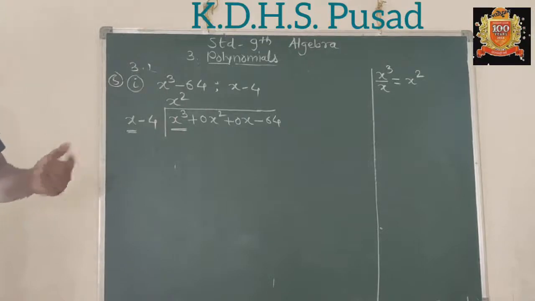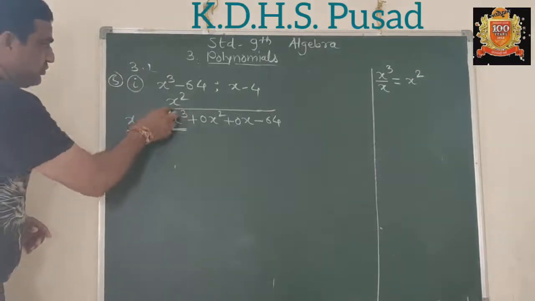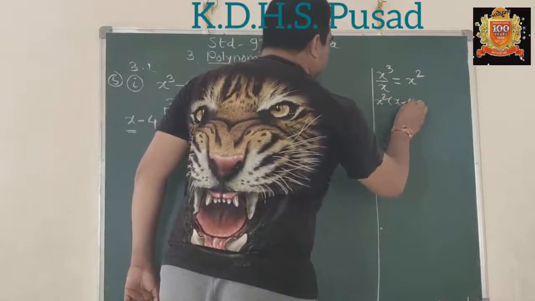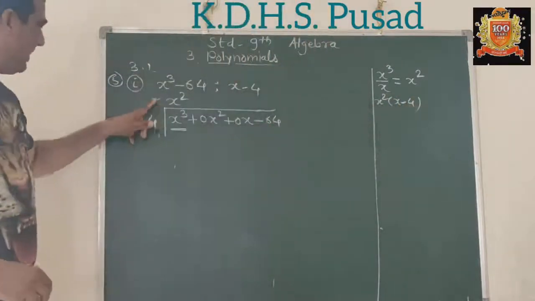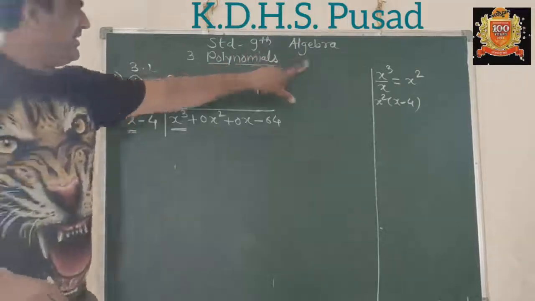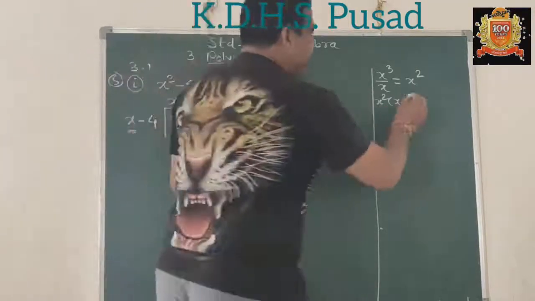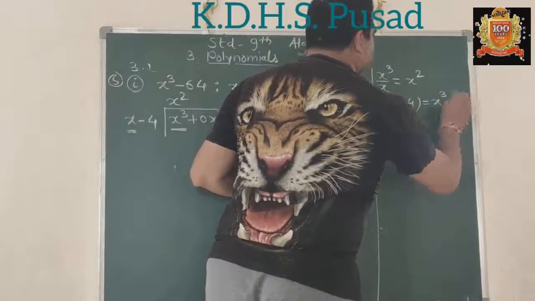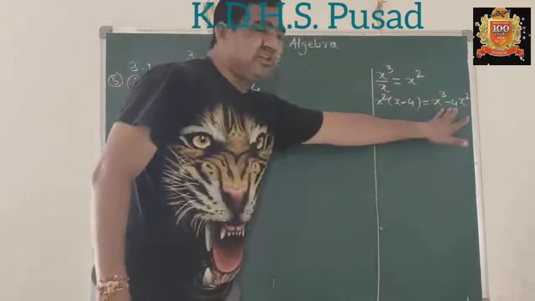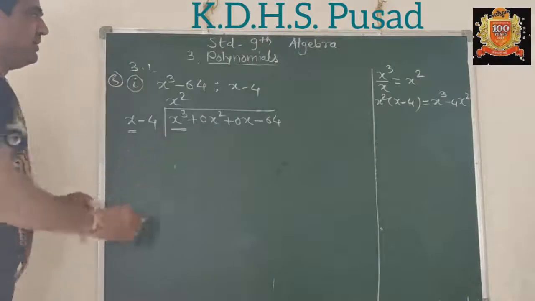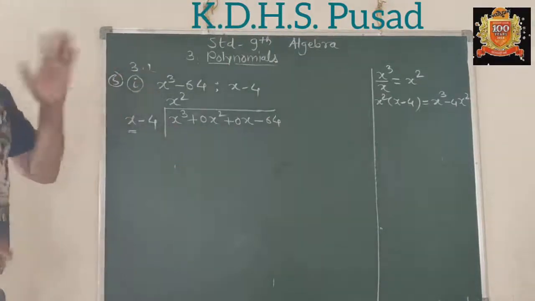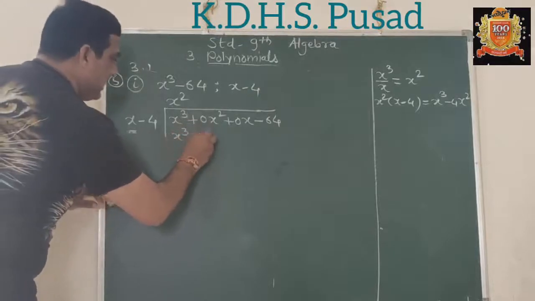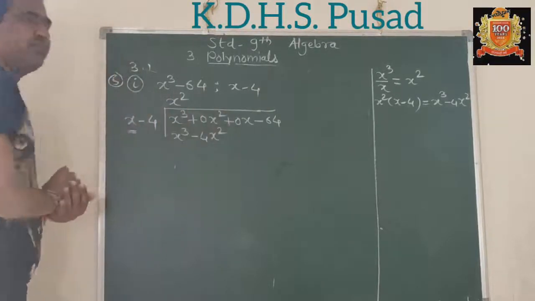Now the second thing: multiply the divisor by x square. So x square into x minus 4. Division, then multiplication. If we perform this, x cube minus 4x square. Write this term below the like terms.